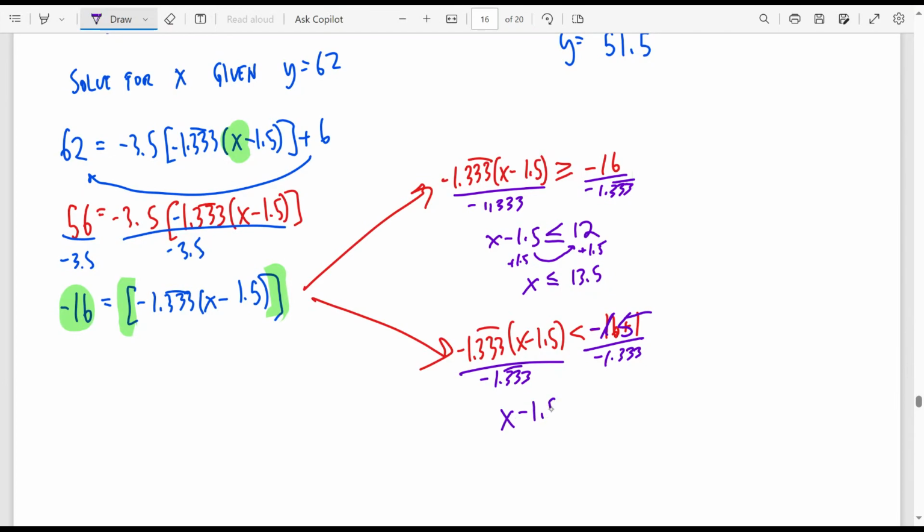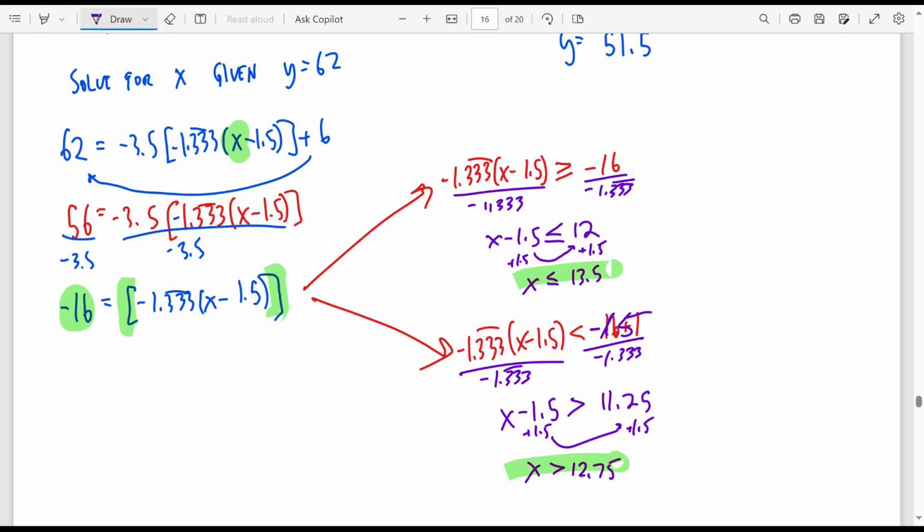So x minus 1.5 is less than 11, or sorry, greater than, it flipped because I divided by the negative, x minus 1.5 greater than 11.25. Add this guy to both sides, bring it over. X is greater than 12.75. So the combination of this and this is now my answer.